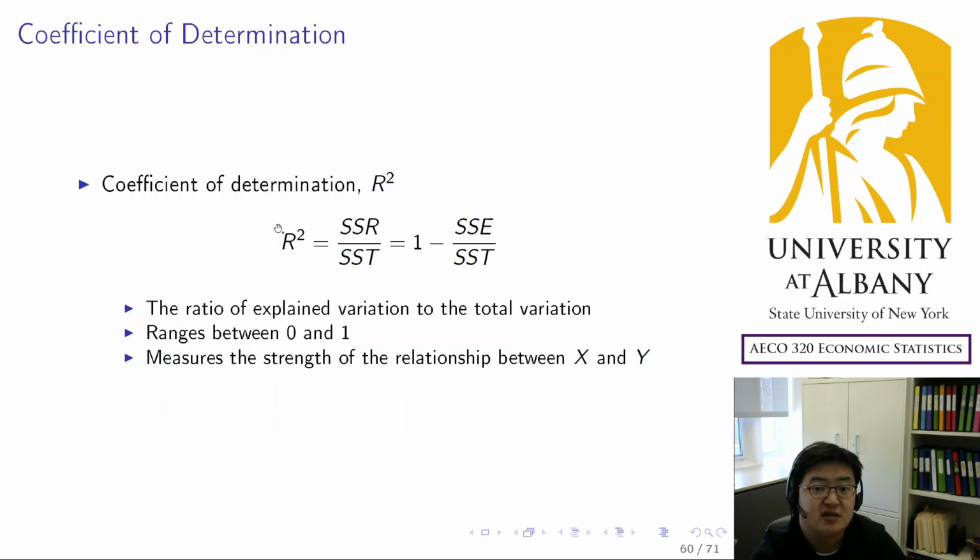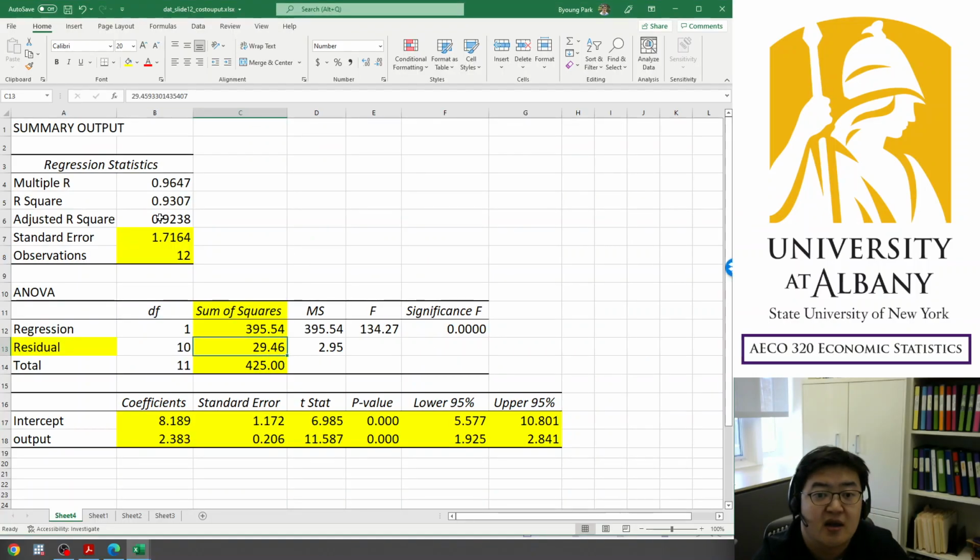That is called the coefficient of determination. Out of the total sum of squares, how much is your regression sum of squares? You explain this much. Or 1 minus the unexplained proportion. So this is given here.